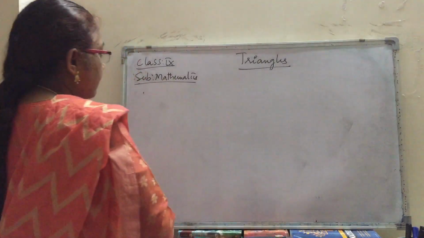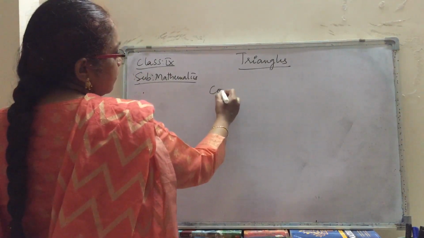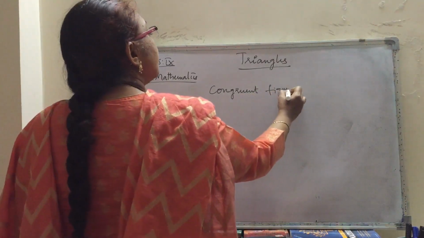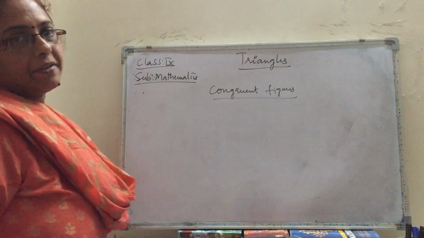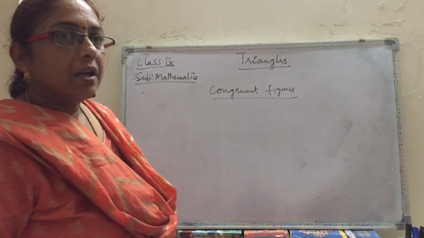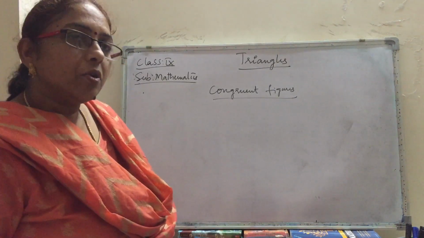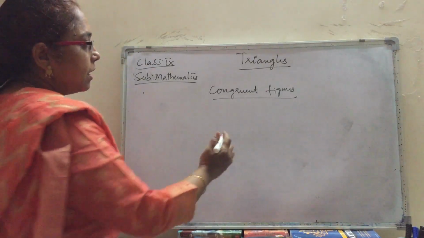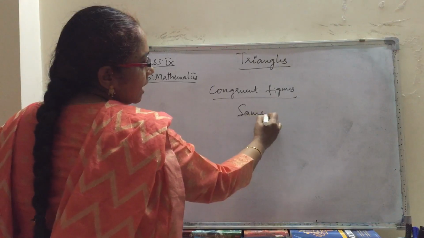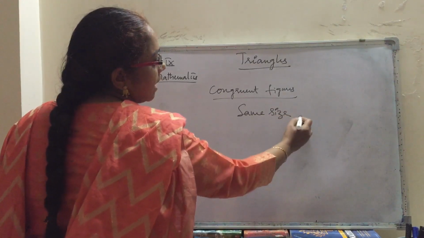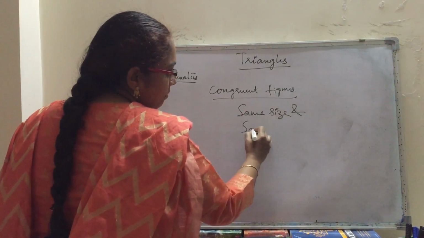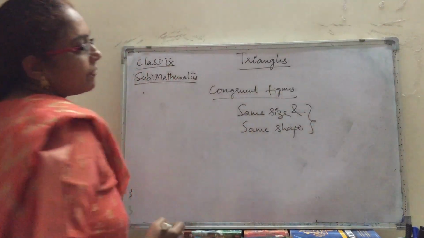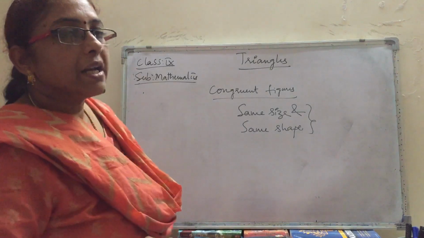Okay. Now we will recall congruent figures. When are two figures said to be congruent figures? If two figures have the same shape and the same size, then the figures are called congruent figures.